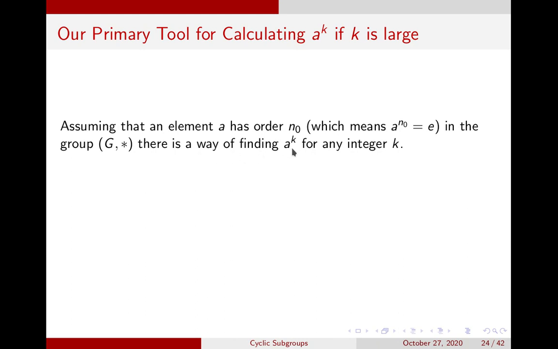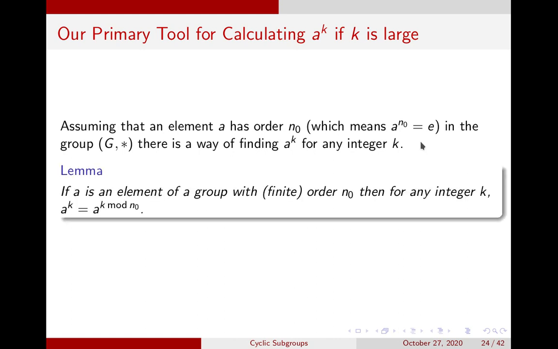There's a way of finding A to the k for any integer k, and I've phrased it as a lemma here. If A is an element of a group and A has finite order n sub 0, then for any integer k, A to the k is A raised to the power k mod n sub 0.